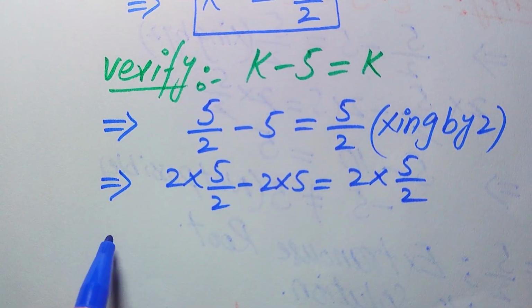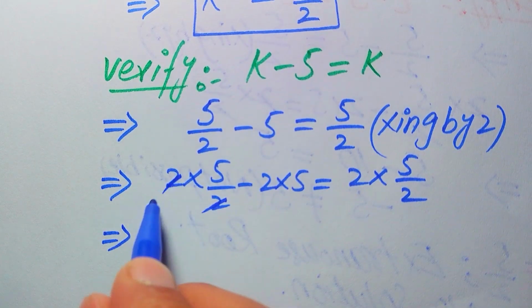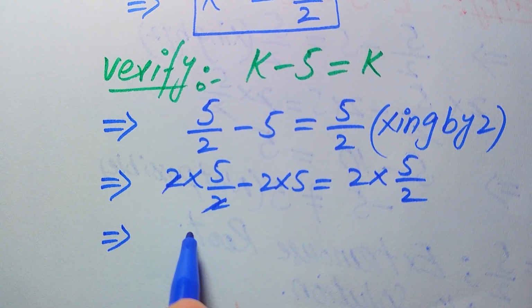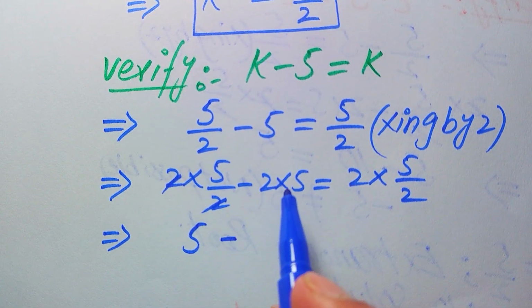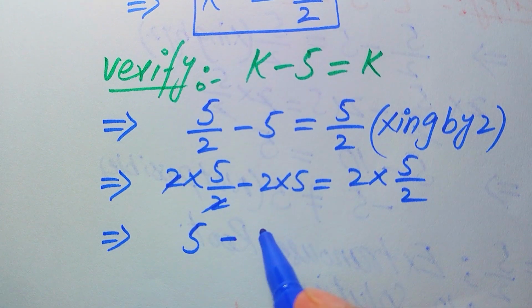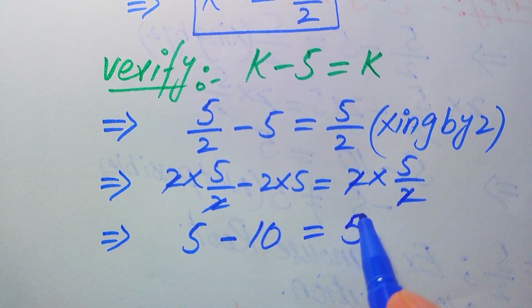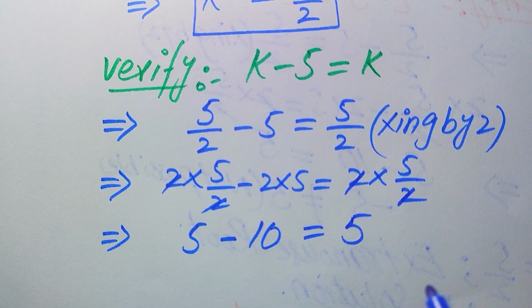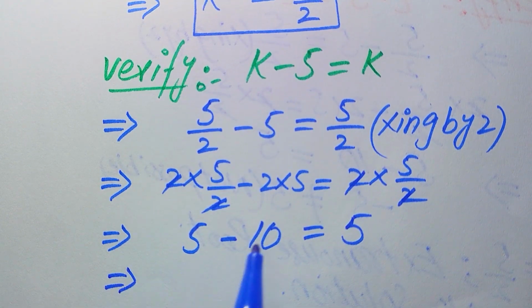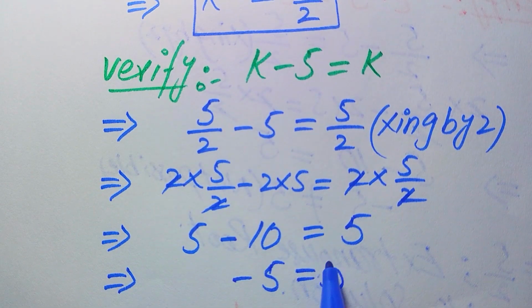Now in the next step, this 2 and this 2 cancel out by each other, and we get 5 only, minus 2 times 5 becomes 10, is equal to 5 only. And now 5 minus 10 becomes minus 5 is equal to plus 5.